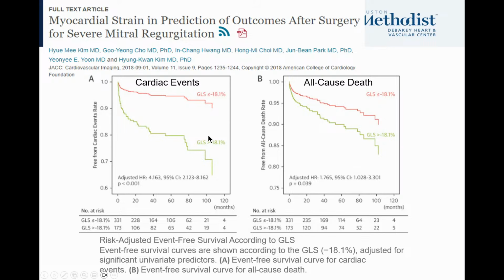And again, these are following patients up to almost close to 5 years. Look at the difference in cardiac events post-surgery. This is post-surgery, okay? With 18 being the marker between normal GLS or reduced GLS. And the same thing for death.